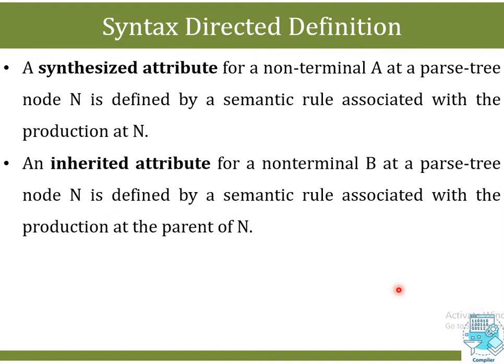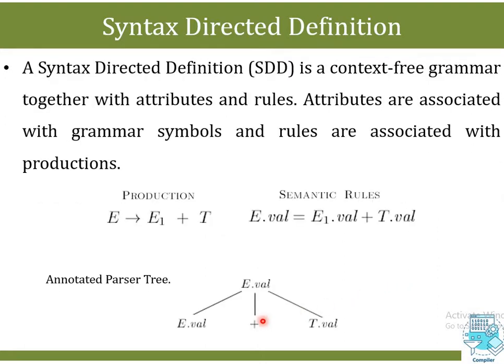Now there are two types of attributes in syntax directed definition. One is synthesized attribute and another one is inherited attribute. For a synthesized attribute, we evaluate its value by referring to its child nodes. A very good example is what we have seen in our earlier slide.